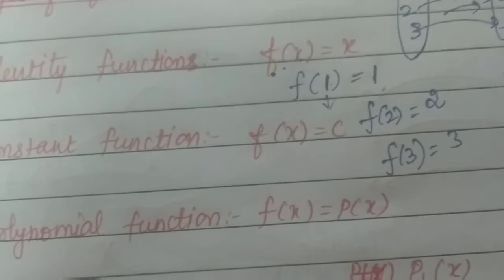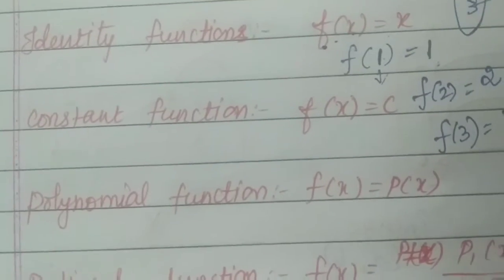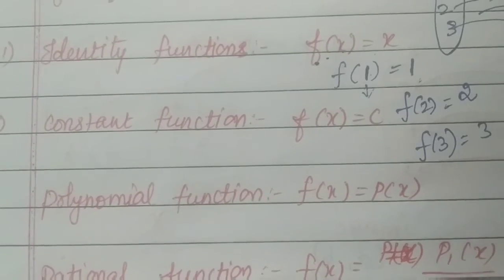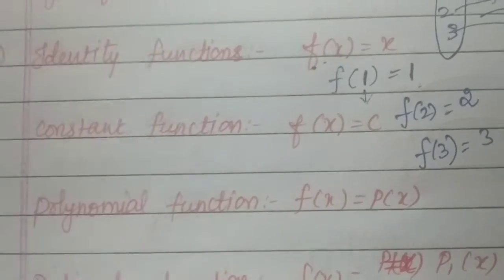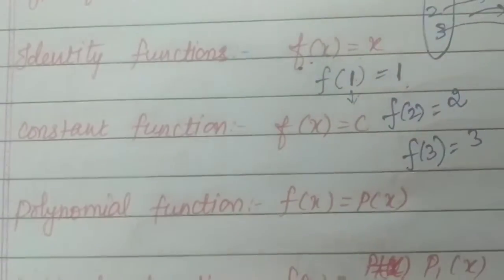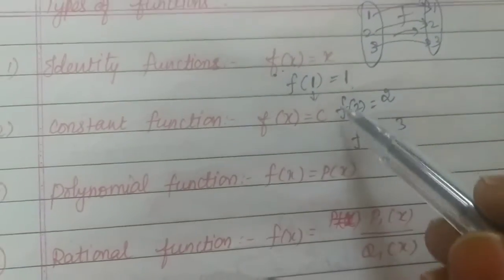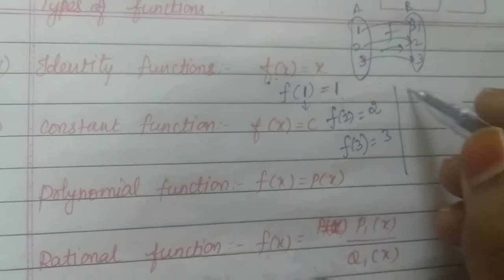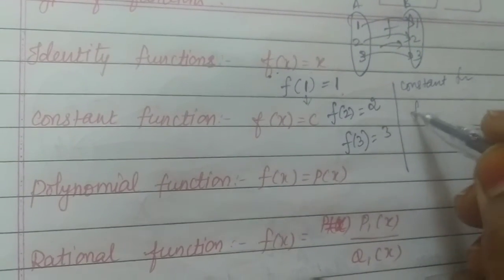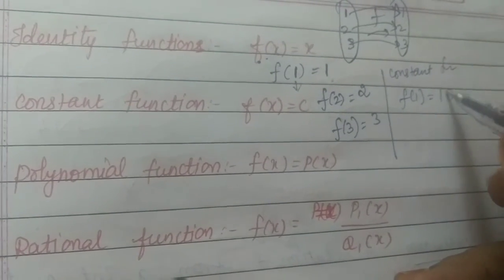Constant function. By the name itself, you can understand that the function should be a constant. Therefore, always the function is represented by f of x, and always your input is x. Whatever input you give, the output is always a constant. This is for the identity function. For the constant function, if you are giving 1, let me consider the constant to be 10.